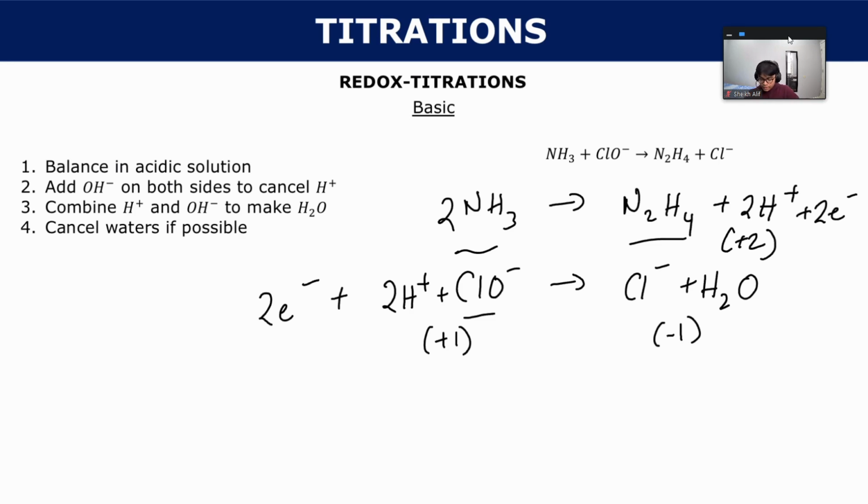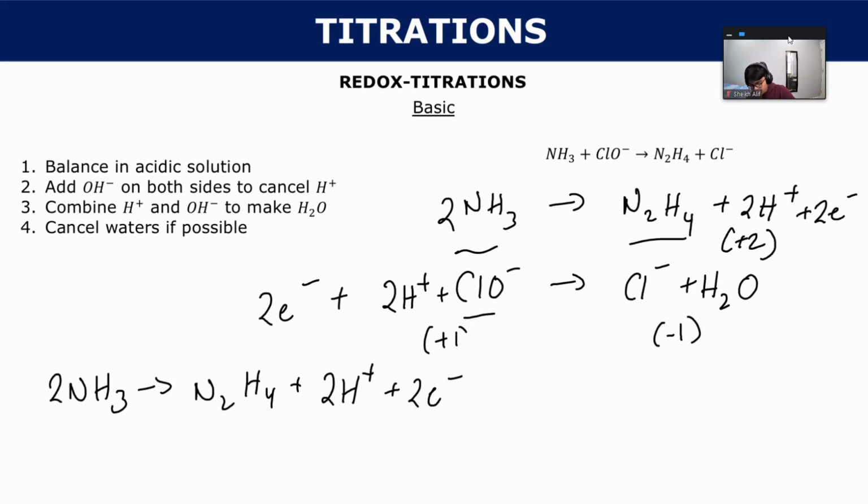And now our next step is, since the number of electrons in both of the half equations is the same, let's write out the 2 half reactions more clearly so it's easier to combine. So we have 2 NH3 produces N2H4 plus 2H plus 2 electrons.